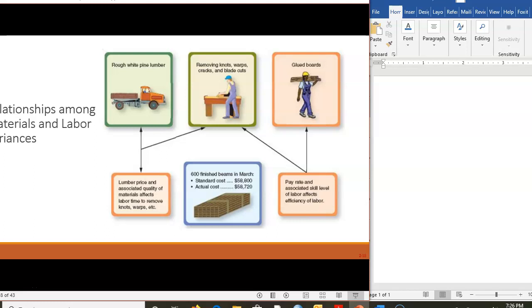That's where we get that our actual labor cost was $1 an hour more than our standard cost, because we had to remove knots, warps, cracks, etc. in these lower quality boards that we saved money on for our direct materials. We also might have had defects that were caught, and a lot of scrap and a lot of waste because of the amount of money that we saved on these boards.